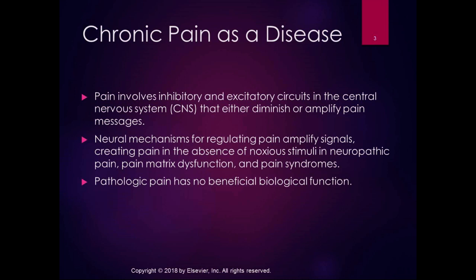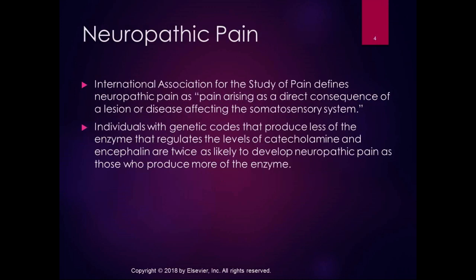Pathologic chronic pain, neuropathic chronic pain, has no beneficial biological function. So the International Association for the Study of Pain defines neuropathic pain as pain arising as a direct consequence of a lesion or disease affecting the somatosensory system. So the somatosensory system is not normal.